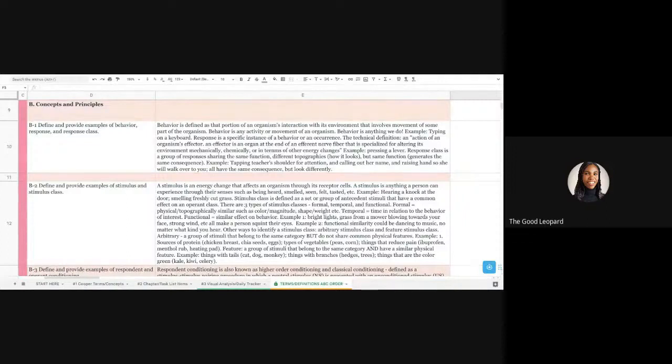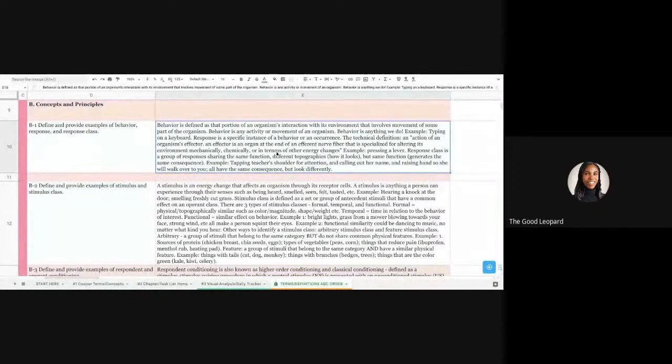The technical definition is an action of an organism's effector. An effector is an organ at the end of an efferent nerve fiber that is specialized for altering its environment mechanically, chemically, or in terms of other energy changes. So yeah, that definition sucks pretty bad, but it is the technical definition of response.